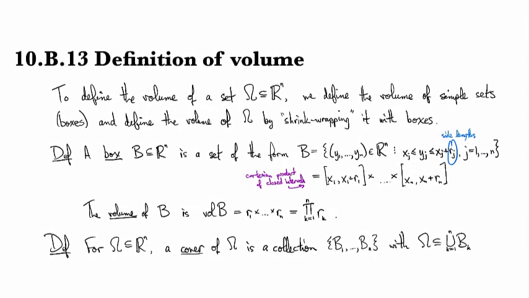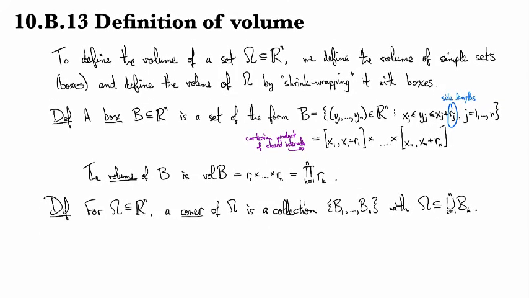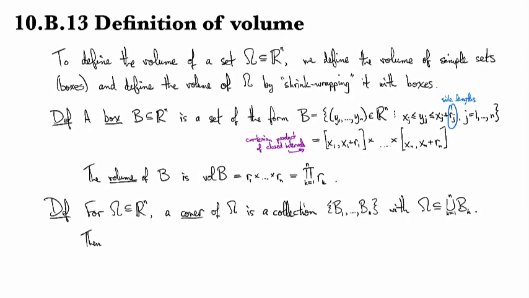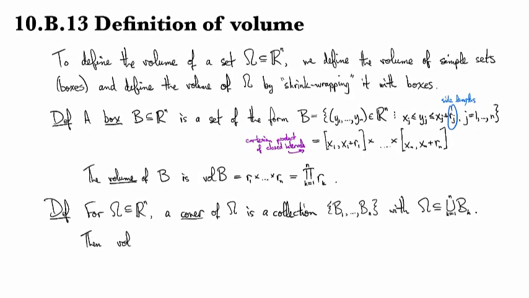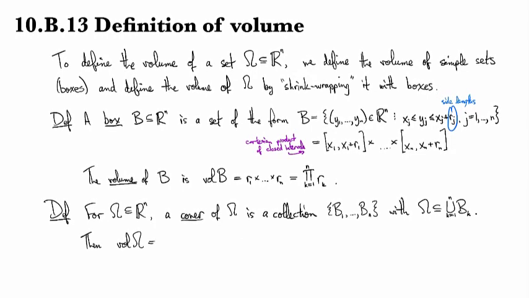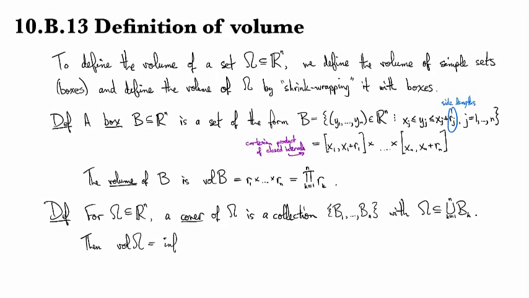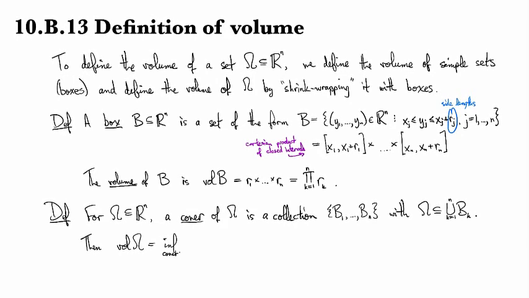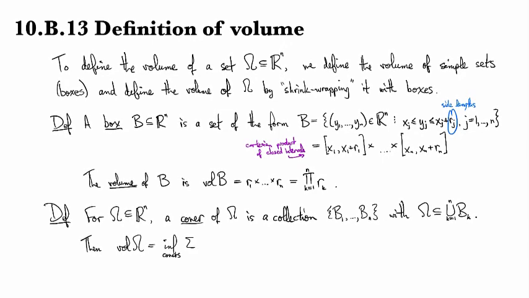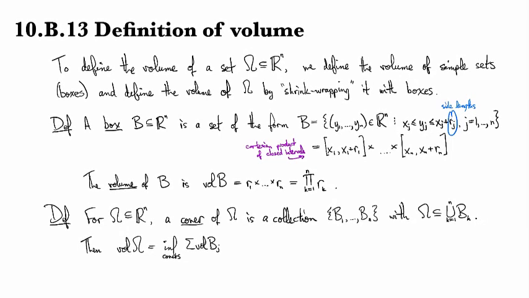Then we can define the volume of omega as the infimum, or lower limit, over all covers, where we sum up the volume of the boxes in that cover.